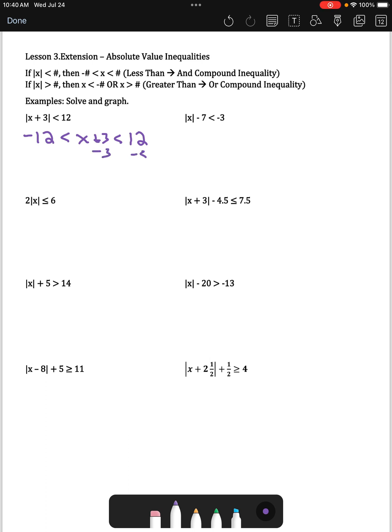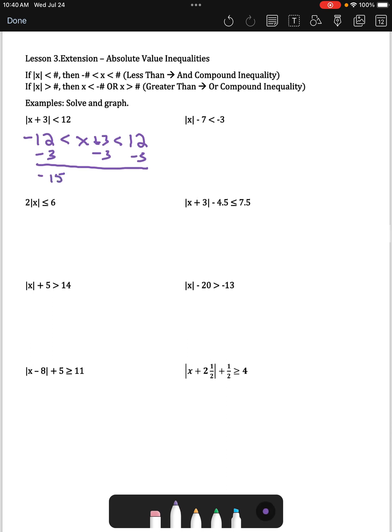And we solve this as we would any other compound inequality. We subtract 3 from all 3 portions, and we get -9. I'm sorry, that's not -9, that's -15. Is less than x is less than 9. As far as the graph goes, I'm going to squeeze it in beside here. Actually, that's way too small.